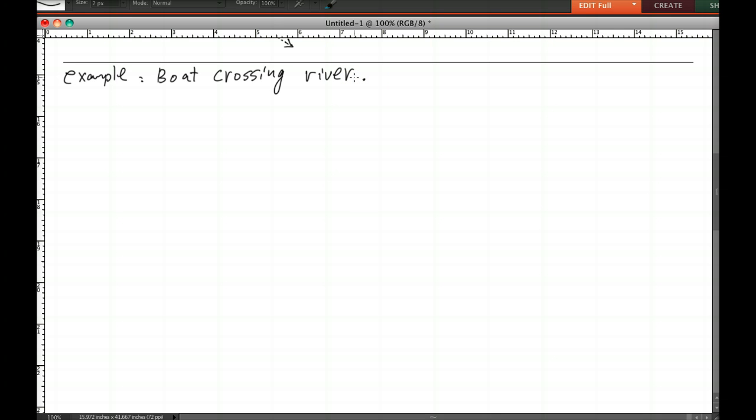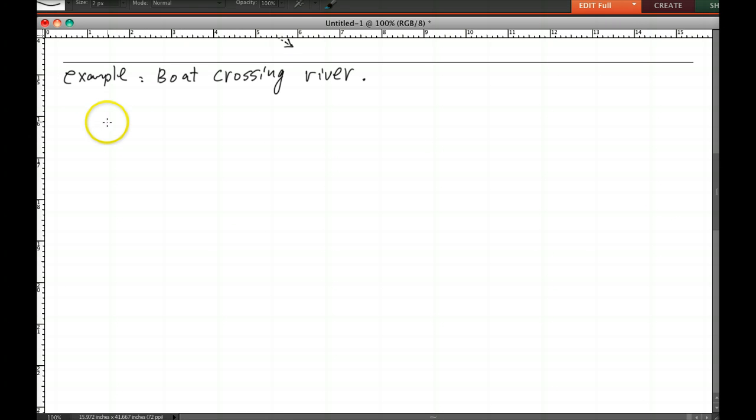It's all about a boat crossing a river, and very similar to an airplane moving in windy air. The air is moving just like the river water is moving. So if you know how to do this, your skill will be transferable.